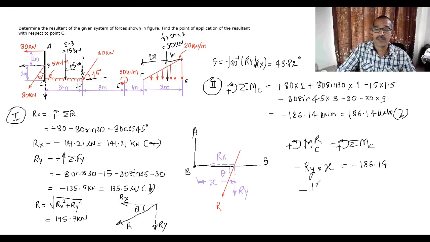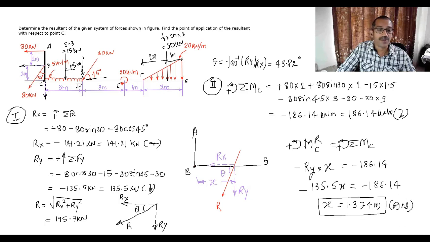So this will be 135.5 X equal to minus 186.14. Using a calculator you can find the distance. This comes out to be 1.374 meters, and the location is represented in the figure. So this is your point of application of the resultant.